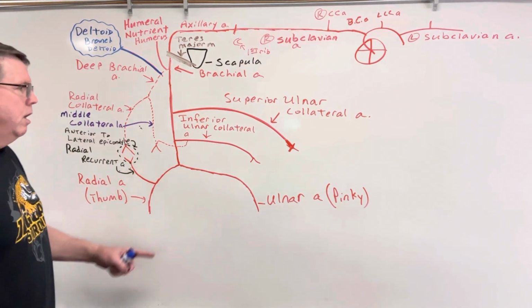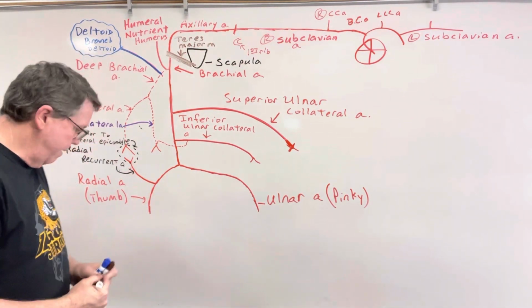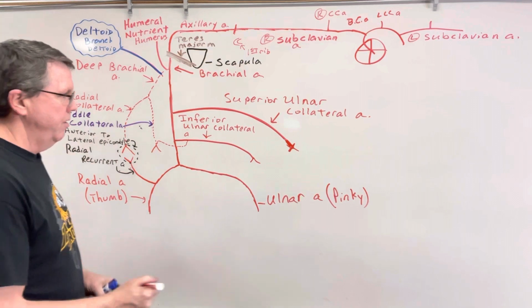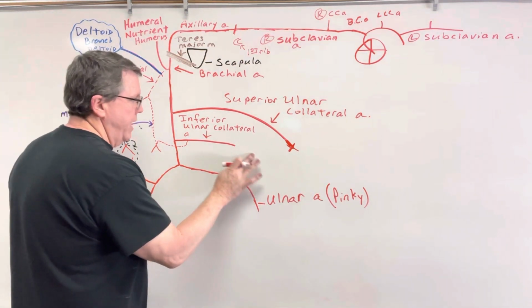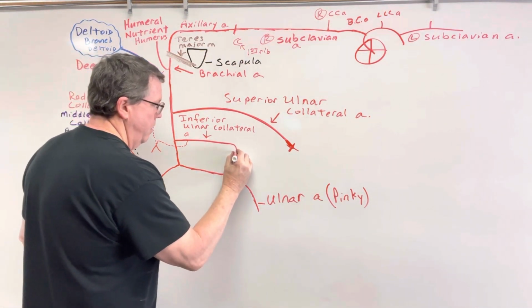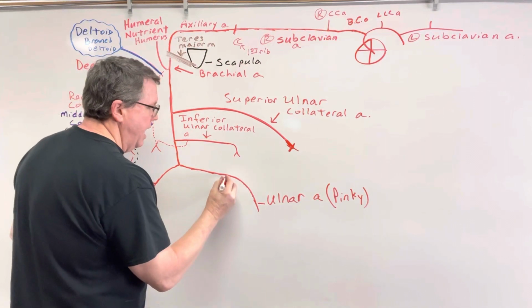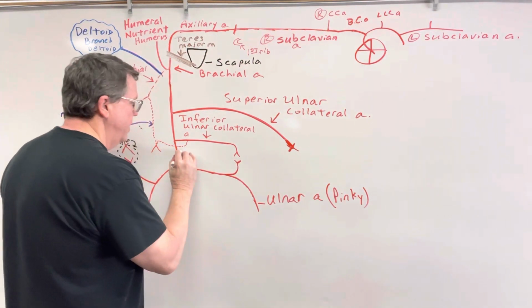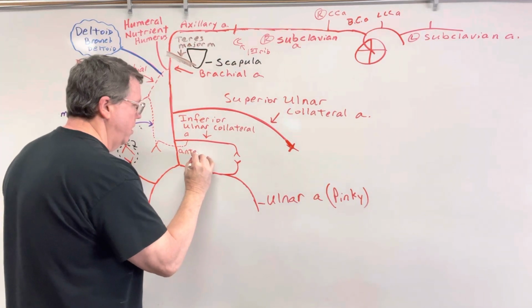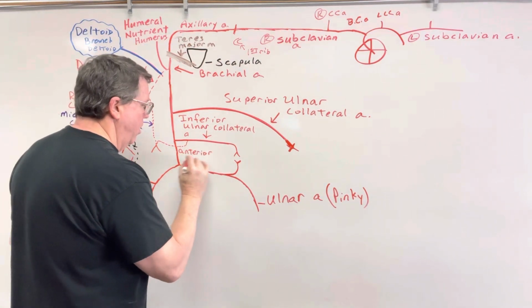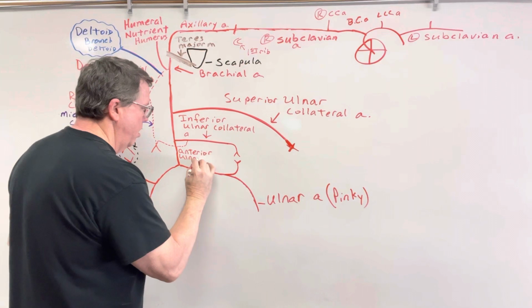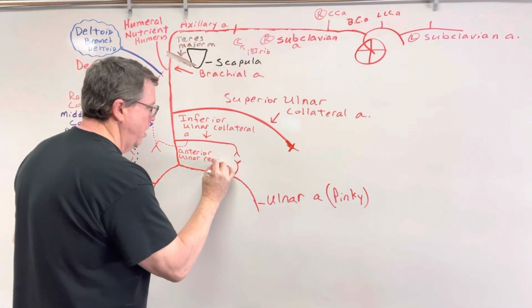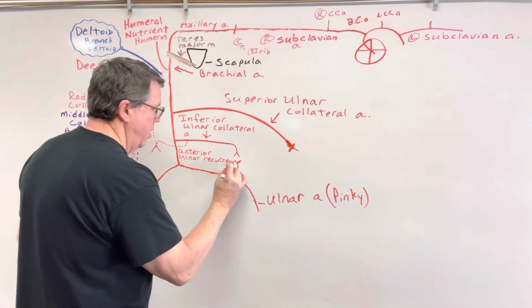Now, over here, what's going to happen is I am going to have another artery that's going to come out. I'm going to move this back just a little bit to make it a little bit easier. And I'm going to have an artery that's going to come out of here, and we are going to call this the anterior ulnar recurrent artery.